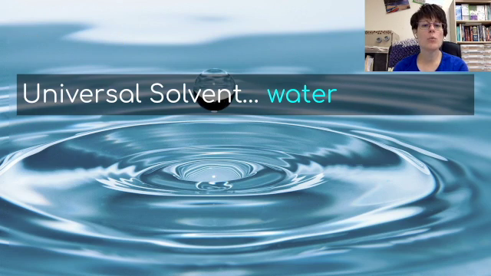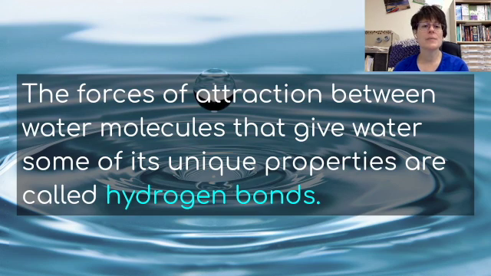Now, we call water the universal solvent because it dissolves a lot of things, and there's a special reason for that. This is because the forces of attraction between water molecules that give water some of its unique properties are hydrogen bonds. Because it forms these hydrogen bonds with a lot of substances, it is able to dissolve a lot of things.